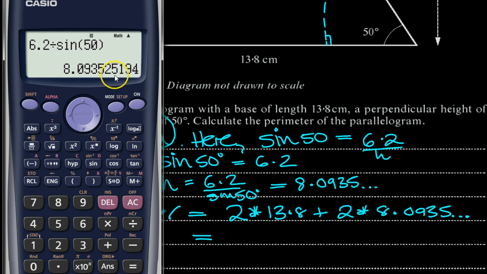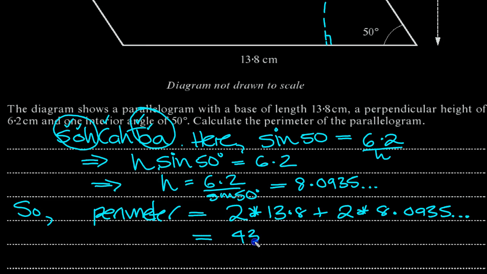So let's times that by 2 plus 2 times 13.8 equals 43.787 dot dot dot, which we can round off to 43.8 centimeters.